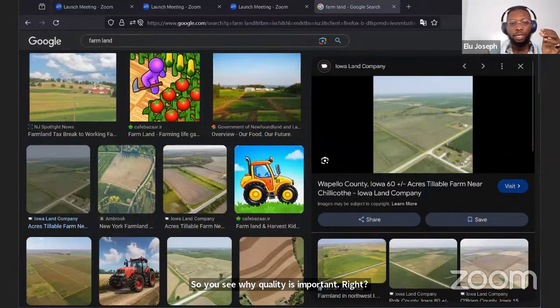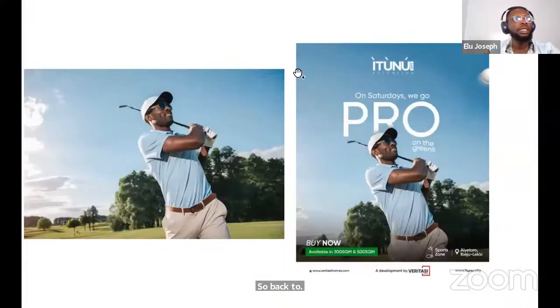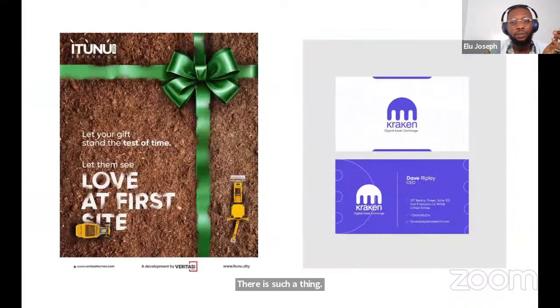So back to our class. Now, there is such a thing as raster and vector.